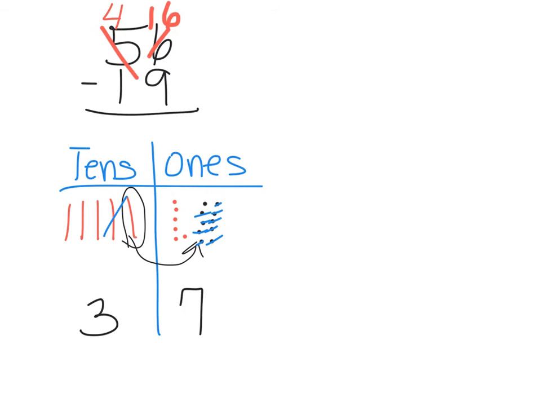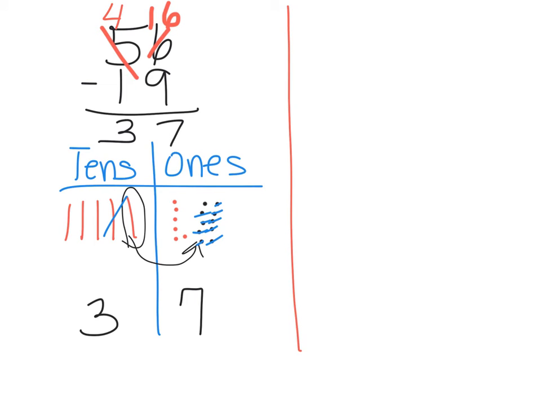Because 16 minus 9 left us with 7. And we were left with the 4 tens minus this 1 leaves us with 3 tens. So in this example, you saw how to write in standard algorithm subtraction problems where we had to regroup. Let's try another one together.